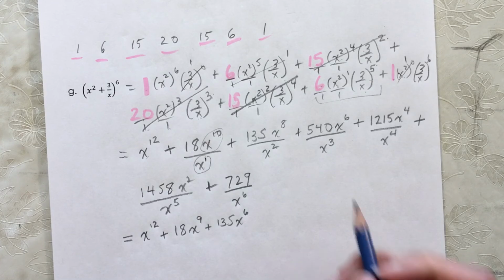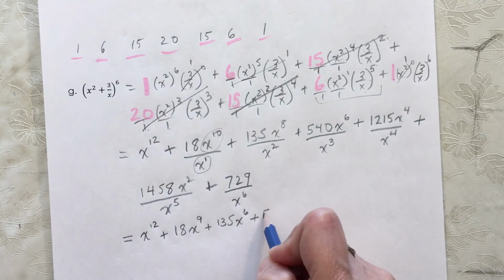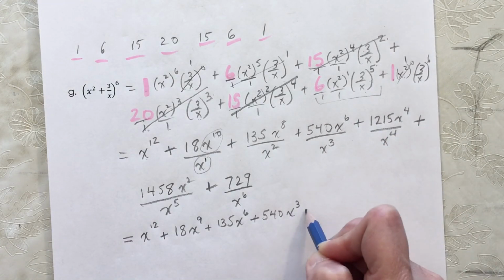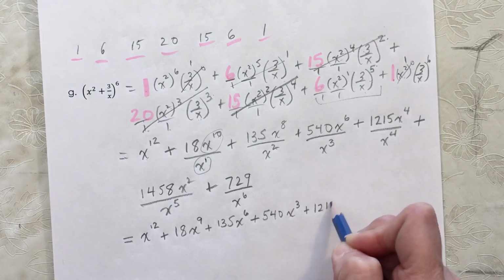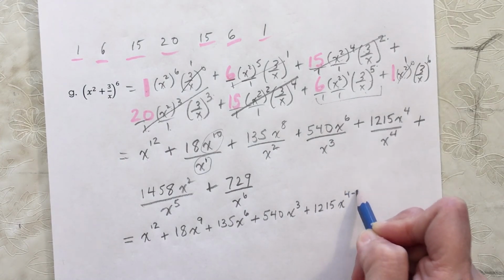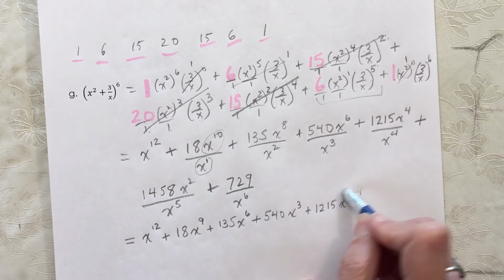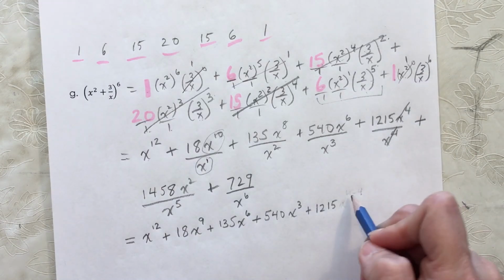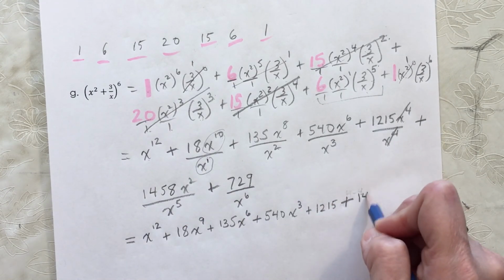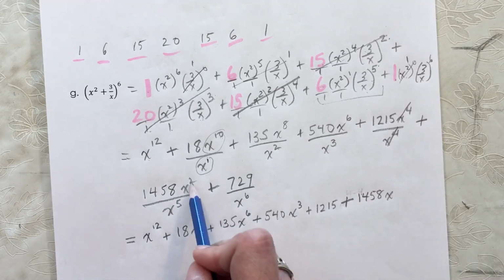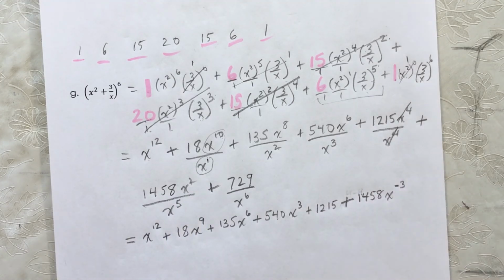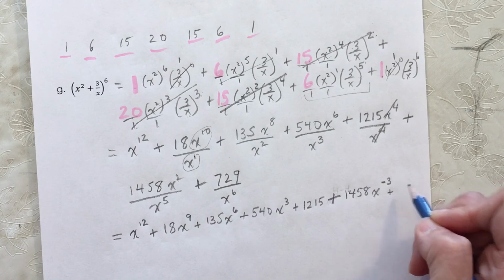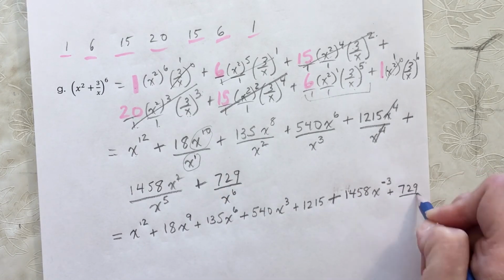Dividing powers with the same base, plus 540 x to the 6 minus 3, which is 3, plus 1215 x to the 4 minus 4, which is 0, and anything to the 0 is 1, or you can think of them as just dividing out, plus 1458 x to the 2 minus 5, so now we've got a negative exponent. We'll deal with that on the very last line. And then this one we can just leave as 729 over x to the 6th.